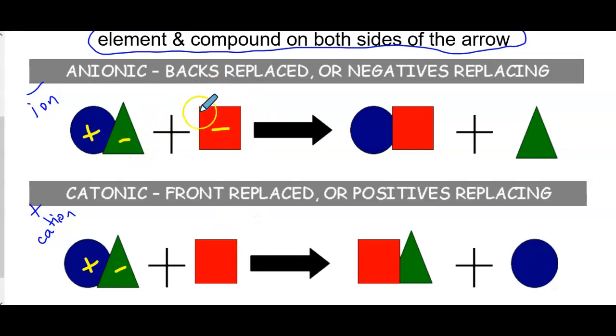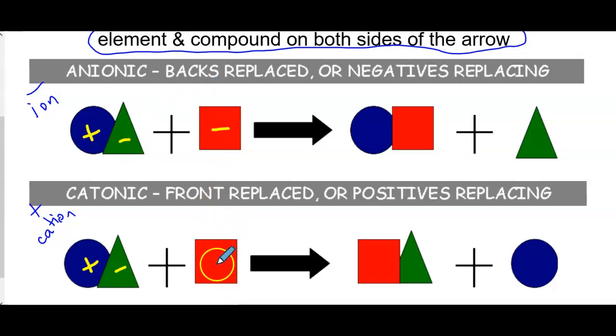So basically, you're going to look at the thing that's by itself and see what charge it would form as an ion. So you'd look on your ion sheet, and if this piece that's by itself, meaning not with another element or compound, just one element, only one capital letter, would it form positive or negative ions?